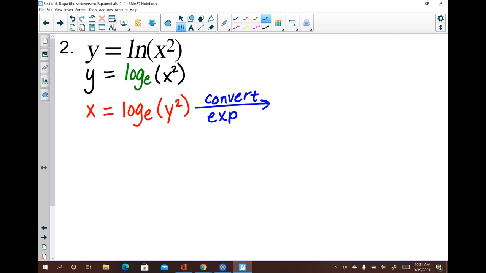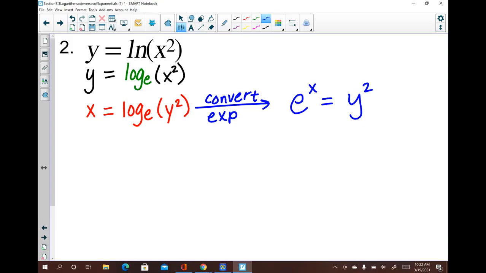So the base of the logarithm is the base of the exponent. The output of the logarithm is the input of the exponent, and the input of the logarithm is the output of the exponential. Here, y is not isolated. We need to remember to solve for y.